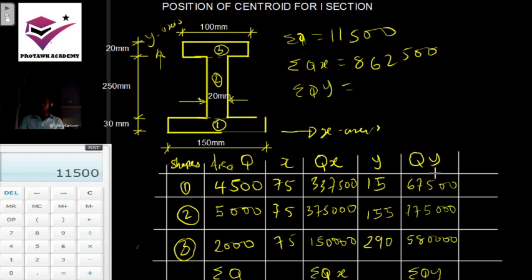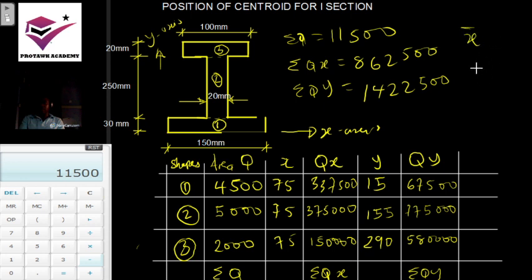This one will be equal to, we sum all this, 67,500 plus 775,000 plus 580,000. This will be equal to 1,422,500.